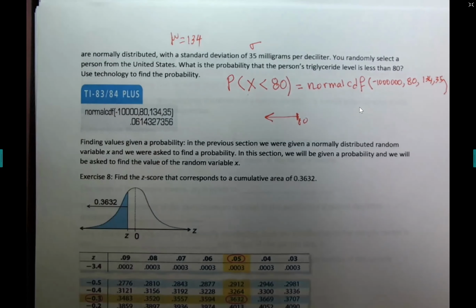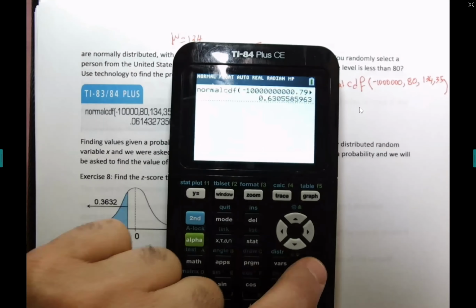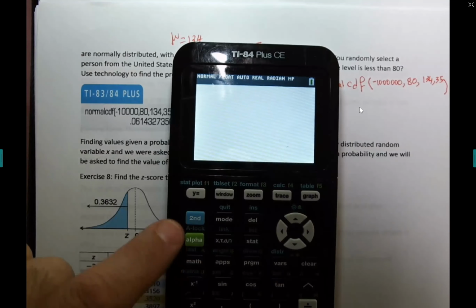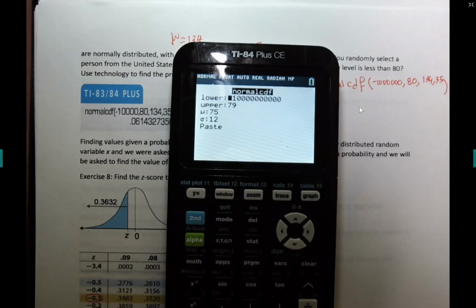Let's put technology to use here. You don't have to sketch it, but you can if you want to see a visual. So second, distribution, normal CDF. Negative a million, it's already there, 80, 134, and then 35.